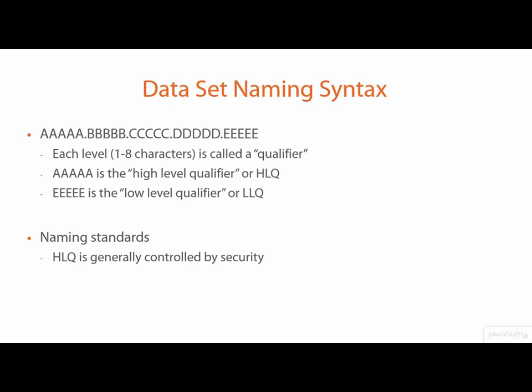The high-level qualifier, as we said, is generally going to be controlled by security, and in most cases, the test data sets, in order to be able to have unconstrained access, will be your TSO user ID, since you have security access to everything that you control under that particular ID.